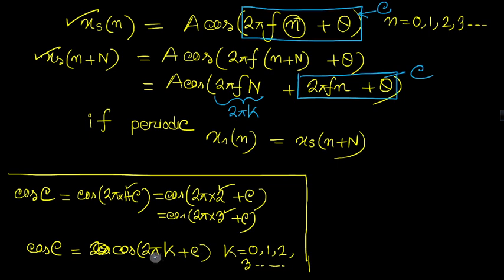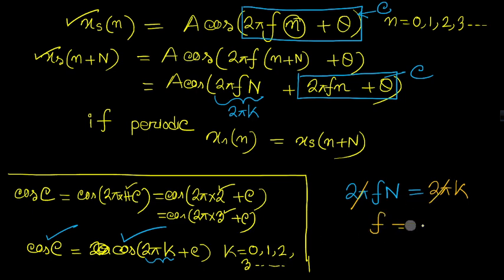If you have 2 pi k in front of c, these two cosines will be the same. That means 2 pi f n is equal to 2 pi k. 2 pi cancels out, so small f is equal to k divided by n.